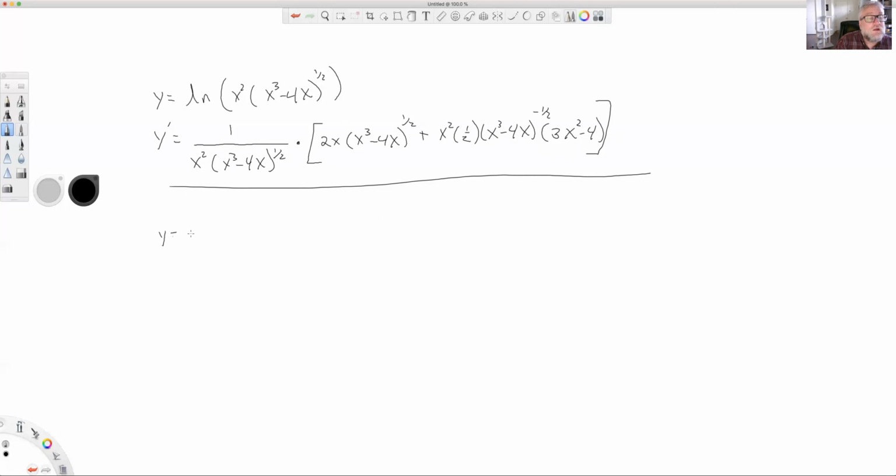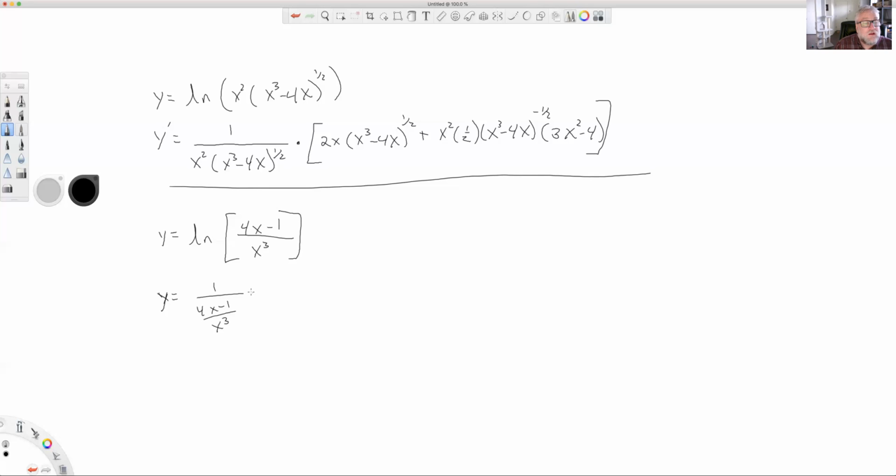Okay, y equals natural log of 4x minus 1 over x cubed. So now I can see this is a natural log of u, and for the derivative in here, I'm going to use a quotient rule. You could change this and do the product rule. I'll do it both ways. It'll be twice the fun then. So y prime equals 1 over 4x minus 1 over x cubed.